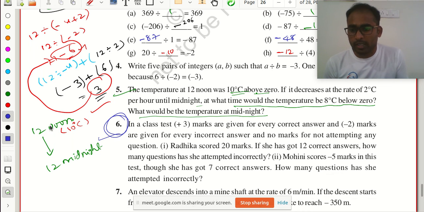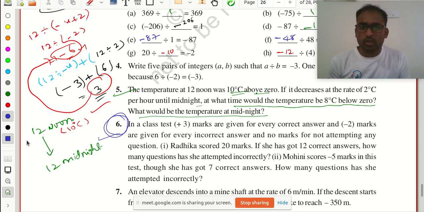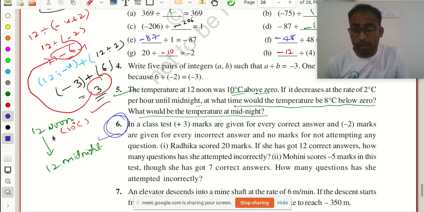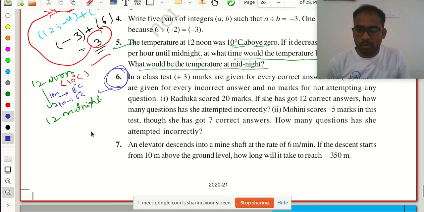At 12 noon I have a temperature of 10 degrees centigrade. After 12, in 24 hours format 13, or in 12 hours format 1 p.m. At 1 p.m. how much temperature? 8. At 2 p.m. 6 degrees centigrade. At 3 p.m.